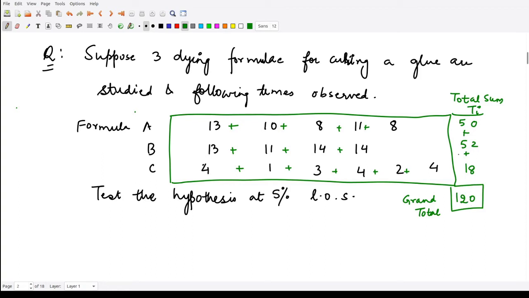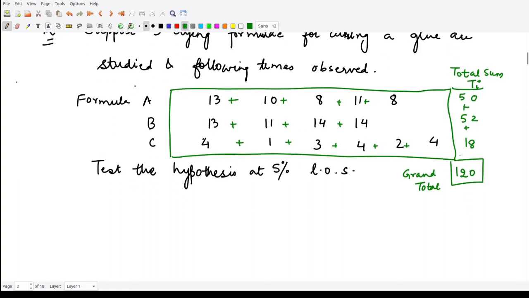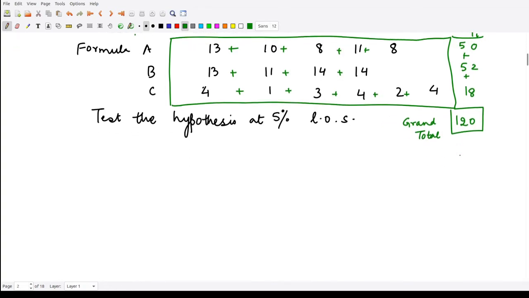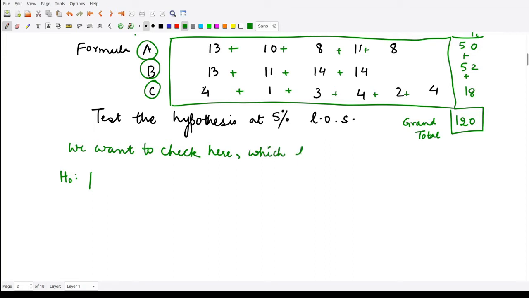Now this is what you were given in the question. The next step is to set up the null hypothesis H0. How can you set that? In this case, we wanted to check which formula is better.